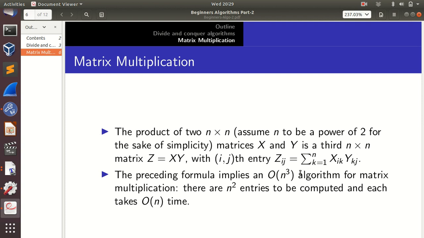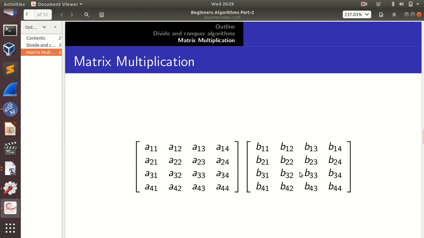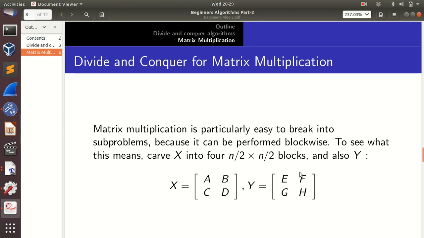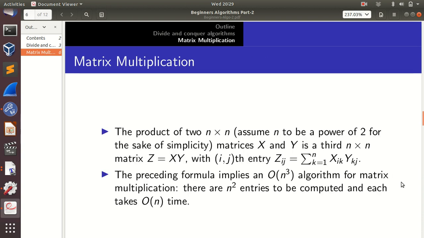This is the way in which most of us, even during maths exams, calculate the product. And for many years, mathematicians have wondered whether this was the best possible way, whether order n cube is the best we can do or not.